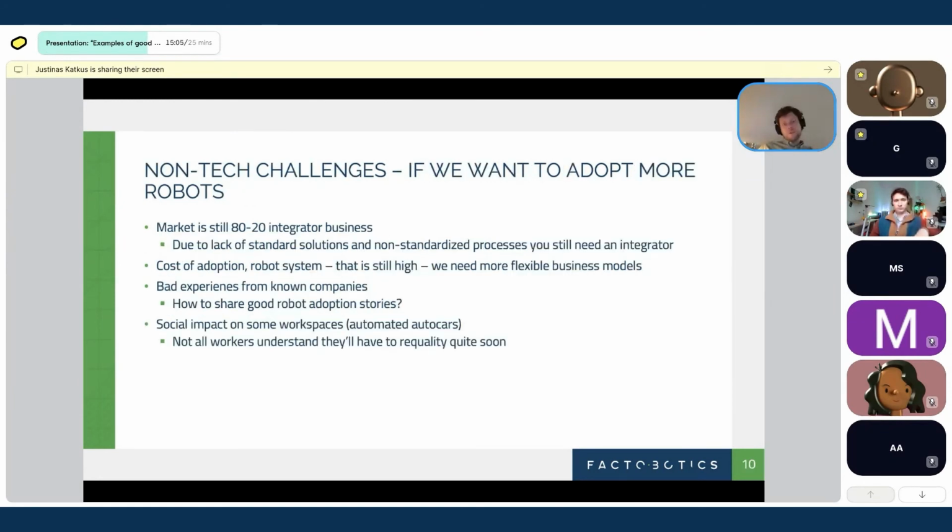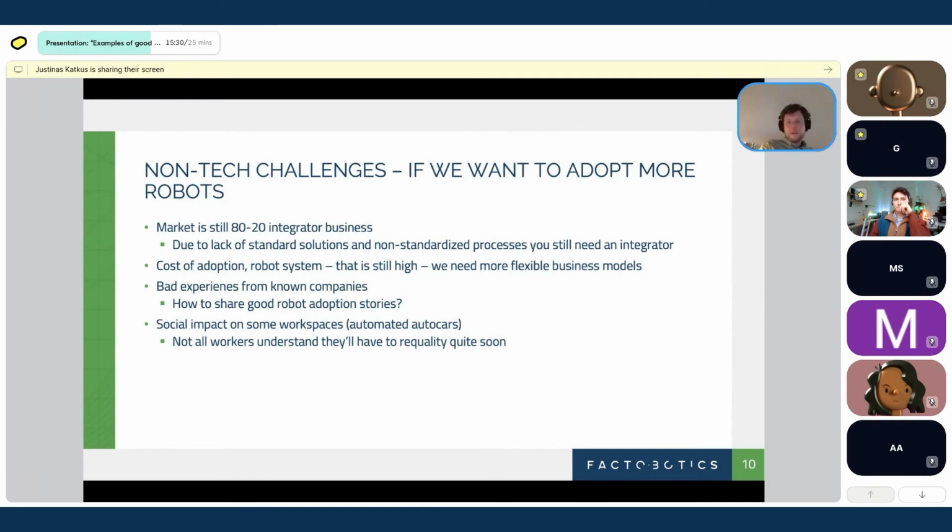So now, to sum up a little bit on these few non-technical challenges, if we want to adopt more robots, I would say that today the market, especially from the industrial robotics perspective, is still very much integrated companies, which sell non-standard robots. So you still cannot buy it like a standard vacuum cleaner if you want to do standard operations, and that's still a little bit problematic.